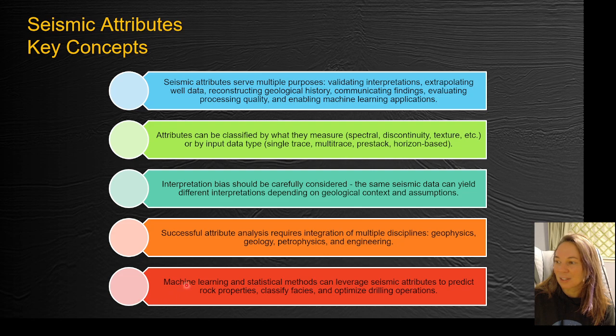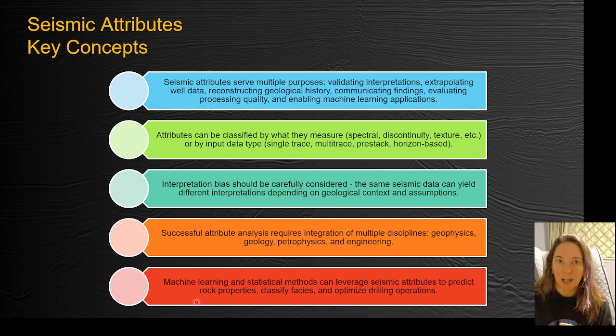And of course, successful attribute analysis really depends on incorporating as much data as possible, integrating what's known about the geology, well information, and production information if we have it. All of that allows us to do a better seismic attribute analysis.